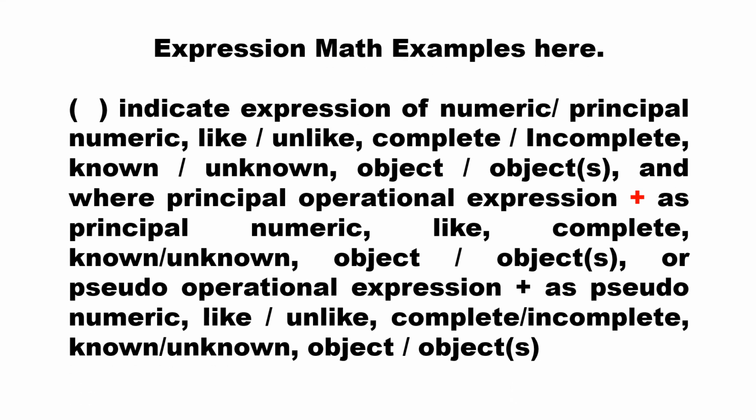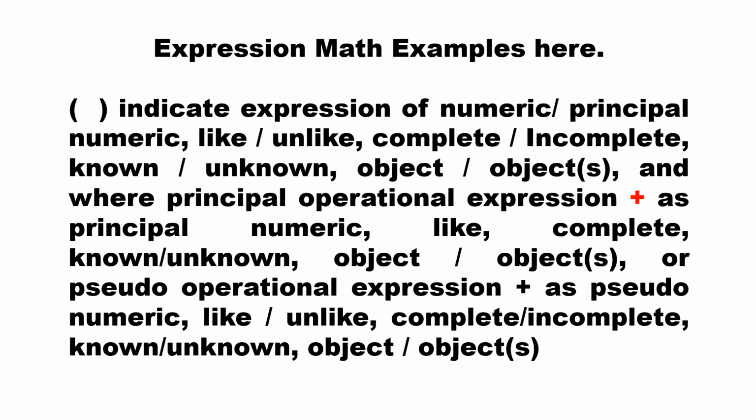And I'll go to the next slide. Some more expression math examples are here. Now, I indicate in this presentation the use of parentheses to denote various kinds of expression, and I'm going to go through the different variations that I imply.